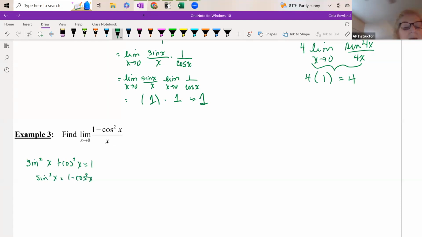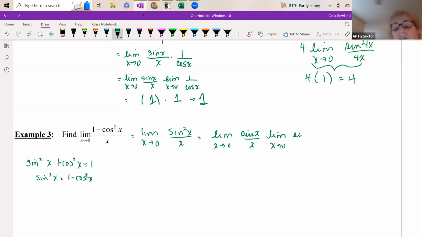So coming back into this, I can say the limit as x goes to 0, then I have sine squared x over x. Okay, so what I'm going to do is split my limit up again. And this is going to be sine of x over x, and I'm going to say the limit as x goes to 0 of the extra sine x. Okay, I know the first one is 1, the second one is 0, so this limit is 0.